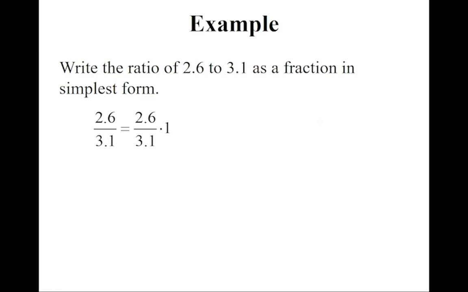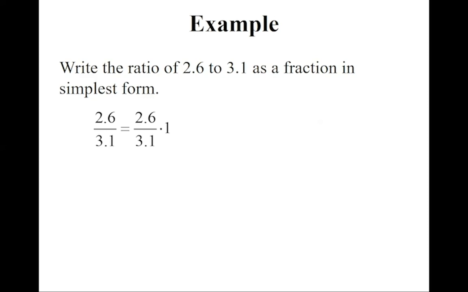We can't have decimals inside of a fraction if the fraction is in simplest form. Sort of like when we're dividing decimals. We can't divide until we have a whole number on the bottom. With decimals inside of fractions, we can't be in simplest form until everything is a whole number.